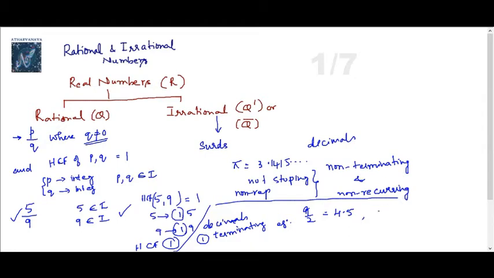Let's say 135 by 2 maybe. 2 6s are 12, 15, 7 2s are 14, 0.5. See, it's stopping at a point. Another example you can consider is 4 by 5.